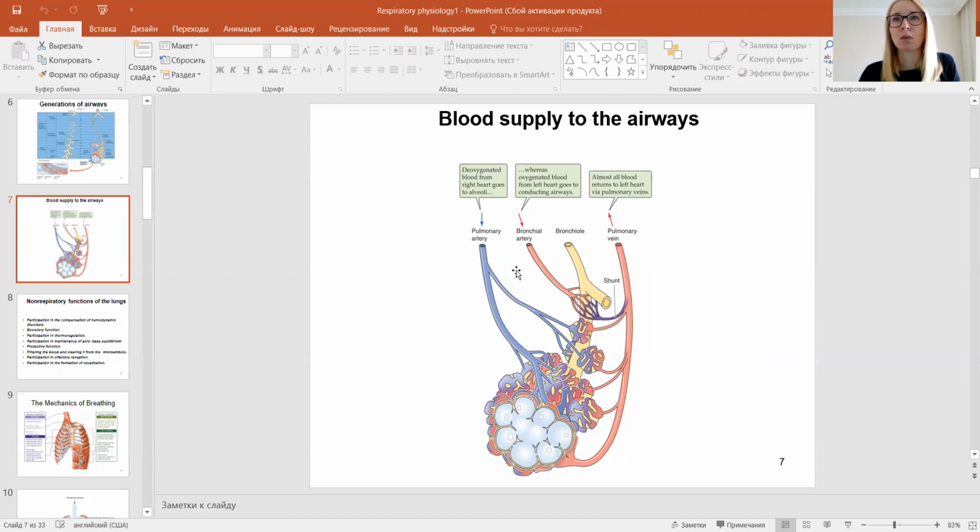The bronchial tree obtains arterial blood from bronchial arteries, and then this blood is converted into venous blood, supplying the bronchial walls with oxygen.